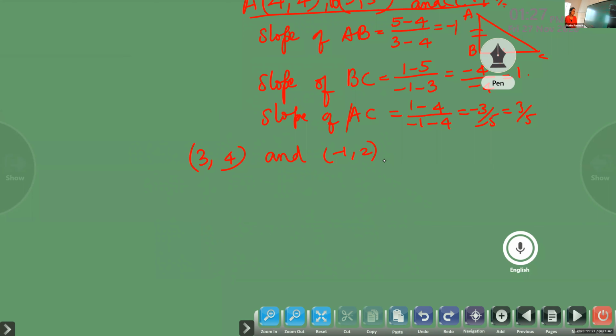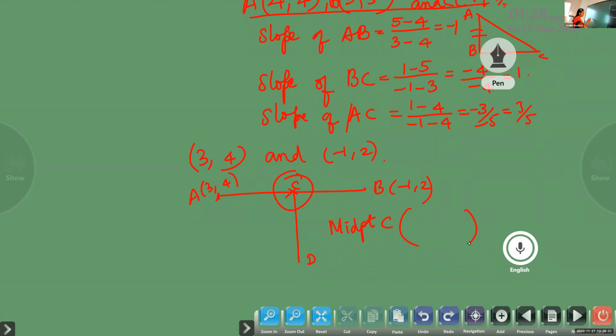What is the equation of the right bisector? Suppose we take the first point A as 3, 4, and B is the point -1, 2. What is a right bisector? It should be a perpendicular line, and it should pass through the midpoint. So first you have to find C using the midpoint.